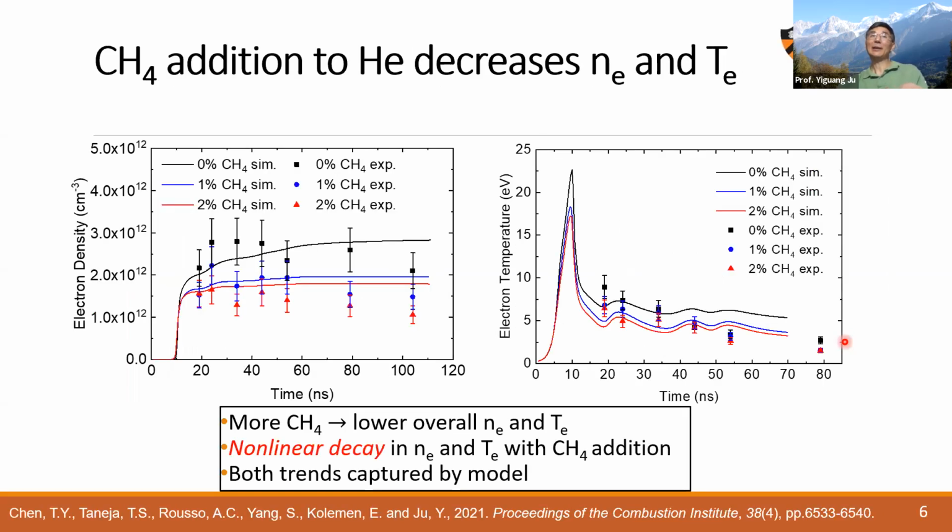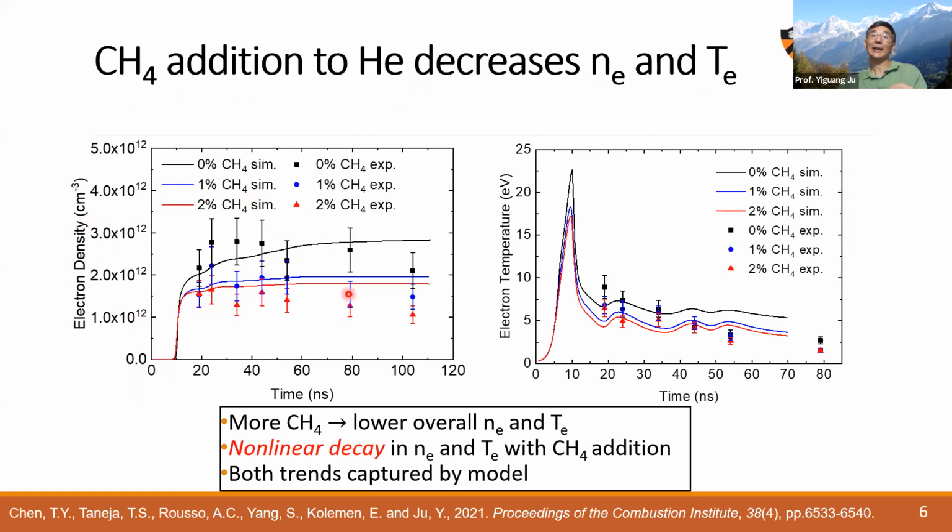But if you add a little bit of methane into helium, for example, you wonder whether it will affect the electron number density and temperature linearly. We measured the electron density by adding 1 to 2% of methane into helium. So what do you see?